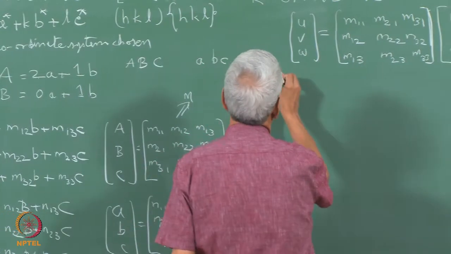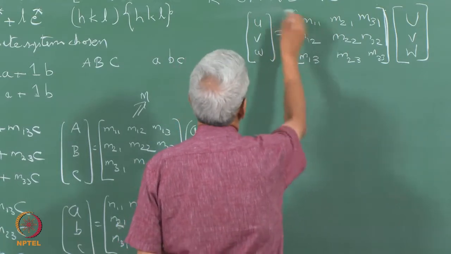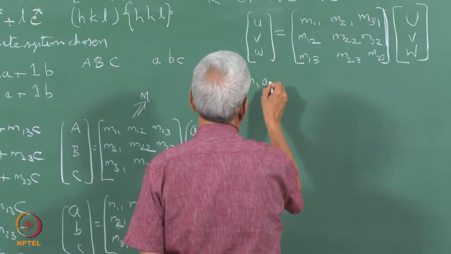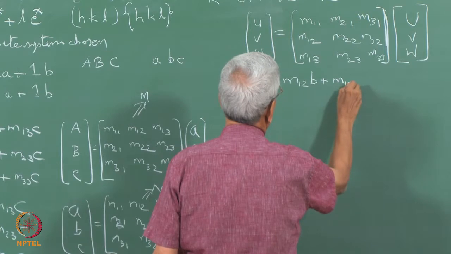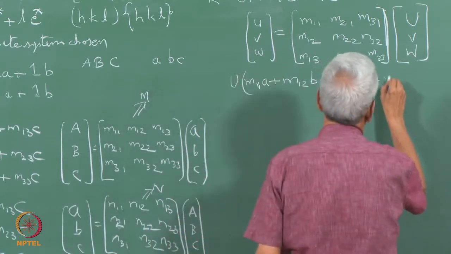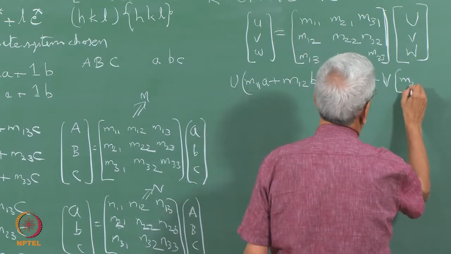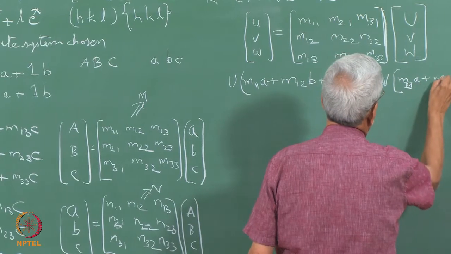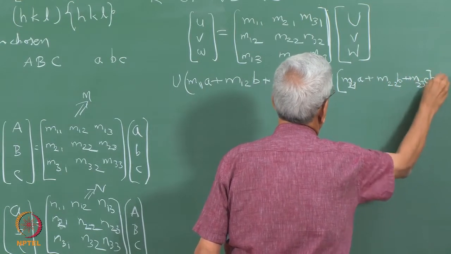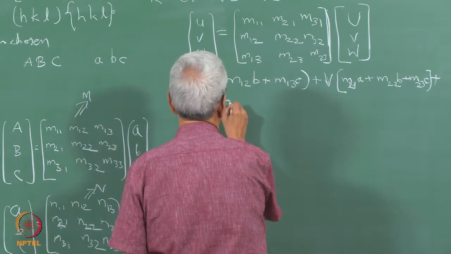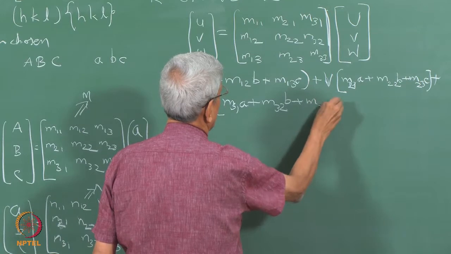I can substitute for A in terms of M11 into A plus M12 into B plus M13 into C, plus V into M21 into A plus M22 into B plus M23 into C, okay, plus W into M31 into A, M32 into B plus M33 into C.